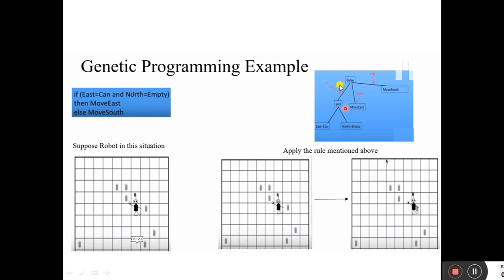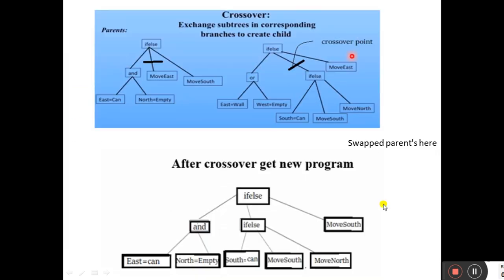Then it can move east or move south. Right? So in this illustration also, this is a robot. On the right hand side the can is there, that is the east side, and in the upper place it is empty. So based on this algorithm, see here this robot moves towards the can, the plastic can.